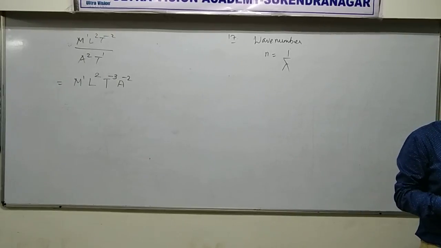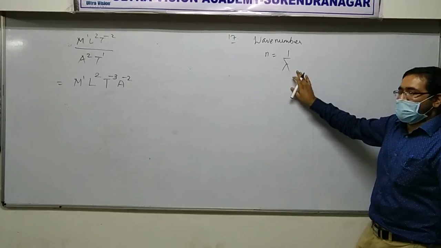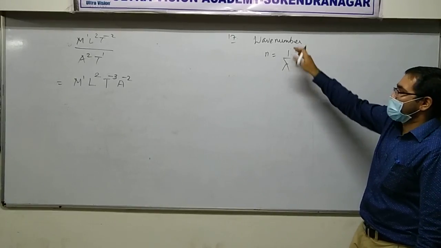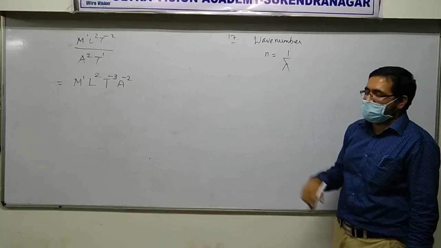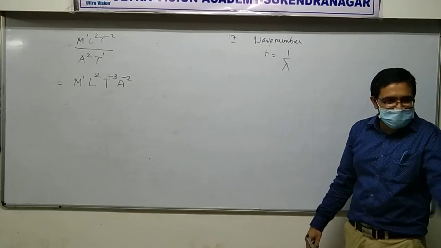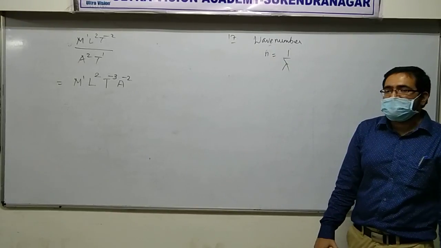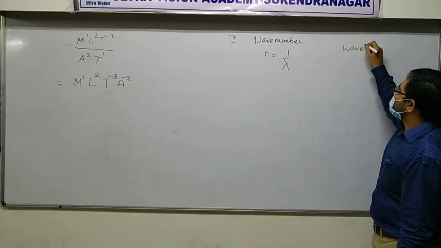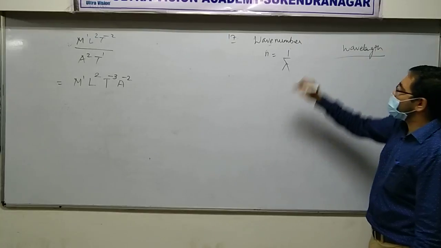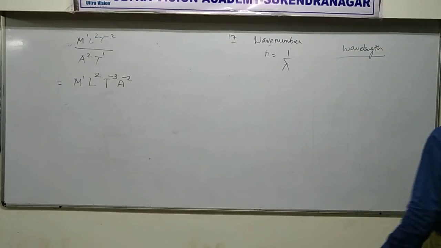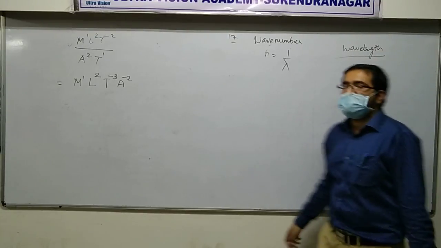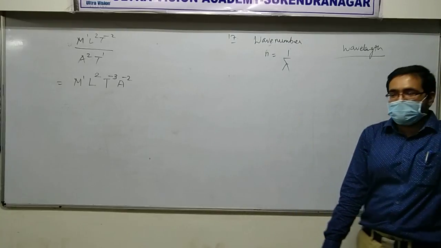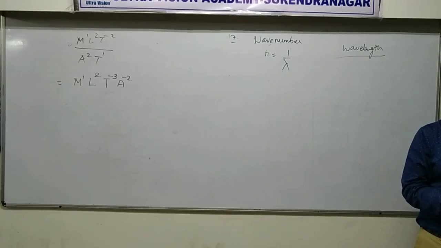That's the difference. Well, n is 1 by lambda. Now you have to find dimensions of wave number. Come on, this is wave number n. But you have to do it yourself. This is wavelength again. Done?